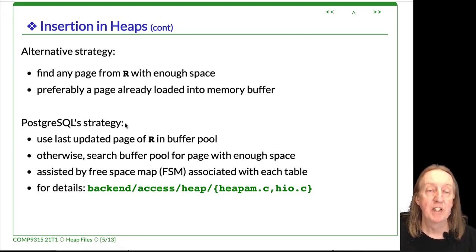So what Postgres does is something kind of like this. It looks for a page that's already in the buffer pool from the relation that we're inserting into, and it looks for the most recently modified. Here we're not talking about the SQL update command, we're just talking about general modification of a page.